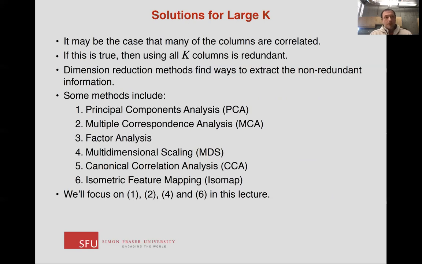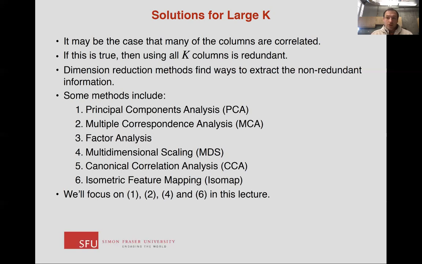Okay, so if you have, say, 100 columns of data and they're highly correlated, well, perhaps there's a way to decorrelate the columns and create a smaller set of features that would explain the variation in the data pretty well. So there are several methods one can do to do just this.